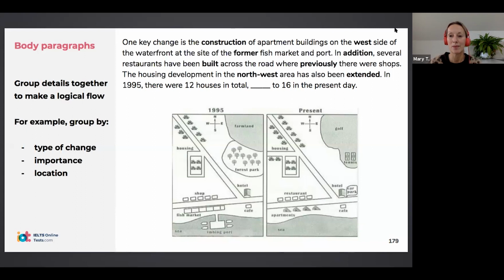And then just adding some more specific information. In 1995, there were 12 houses in total, something to 16 in the present day. You could say increasing to 16. What's another word for increasing? A synonym for increasing. Rising. That's right. Good. So rising to 16 in the present day.